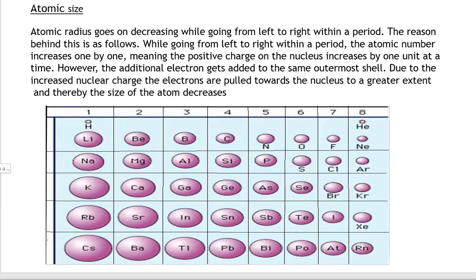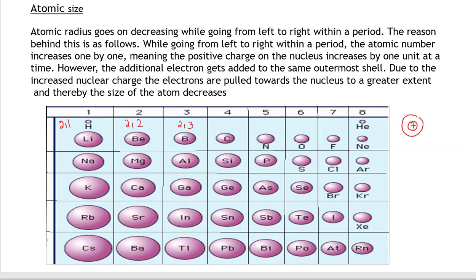We know that lithium, how many shells are there? Lithium electronic configuration is 2, 1. Beryllium 2, 2. Okay. Boron 2, 3. Atomic number 5. Okay. So lithium, this is the nucleus.